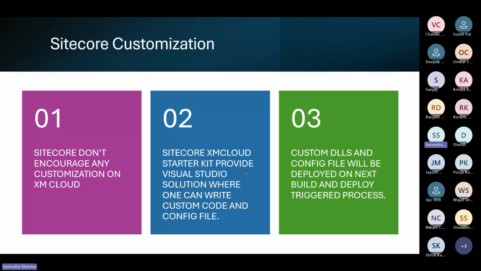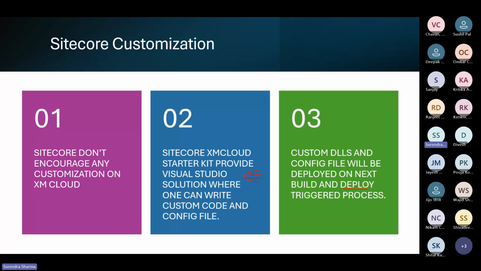For example, if you want to modify the pipeline, or if you are calling some third-party API, you can write all those C# code here, and then build it. Once it is built, you can push all this code into your code repo, and then you have to go to the XM Cloud, and there you will get the Sitecore deploy app.